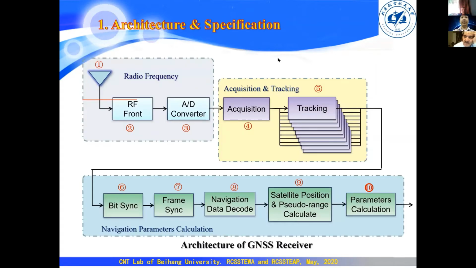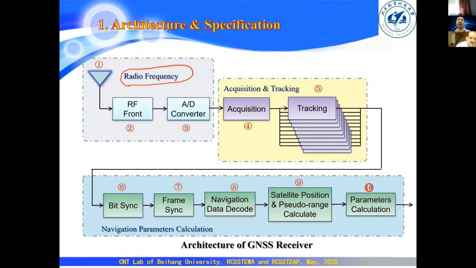So when we talk about making a receiver, the receiver contains many parts. For example, we show here the radio frequency part, the first part. It operates at a very high frequency.